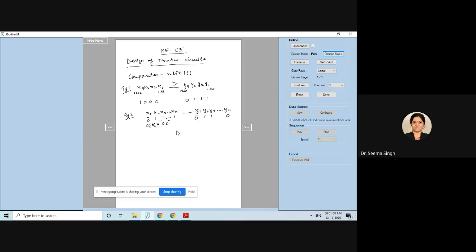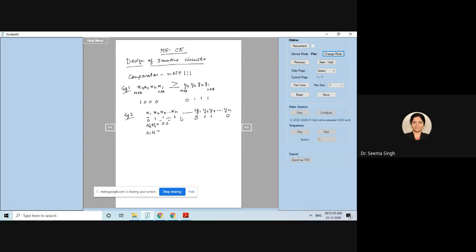So now what happens? It says that AI and BI will no longer remain 0 0. AI and BI will be changed to the case where your second bit is higher, means second bit is greater.